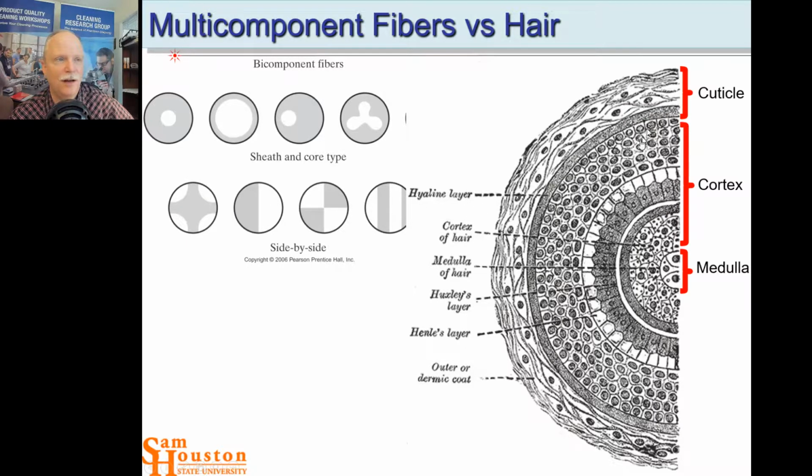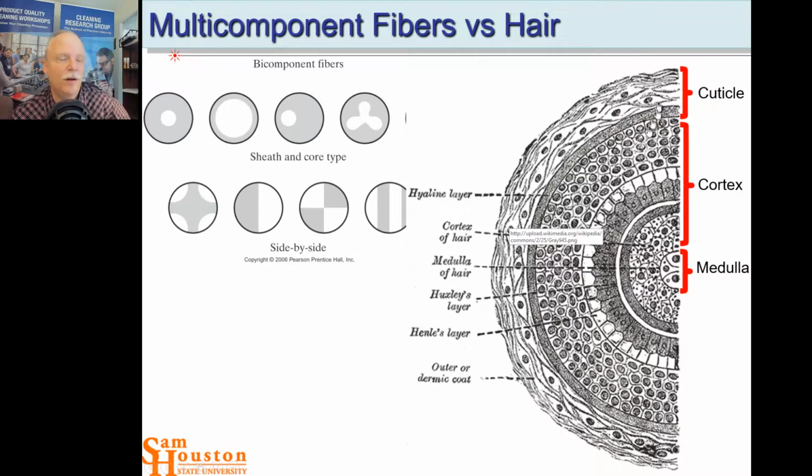Here's a naturally produced fiber. This is hair. And you can see all of the cellular structures in hair. It's incredibly complex. Our best technology in terms of multi-core fibers cannot come anywhere close to what nature does with hair.